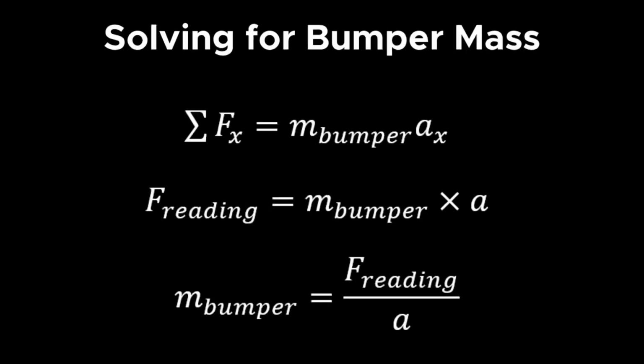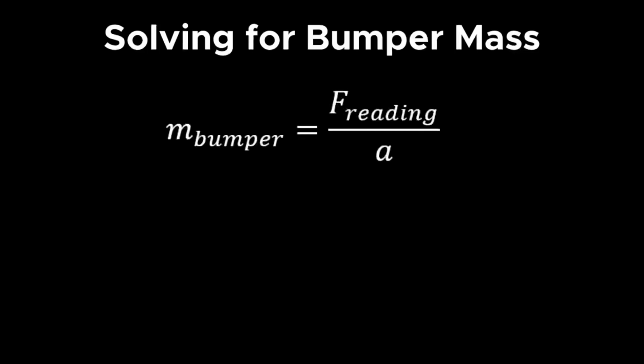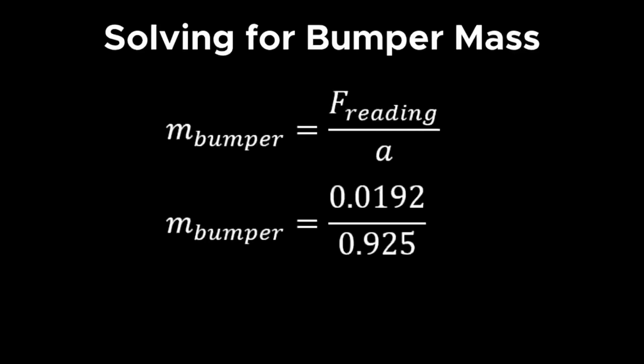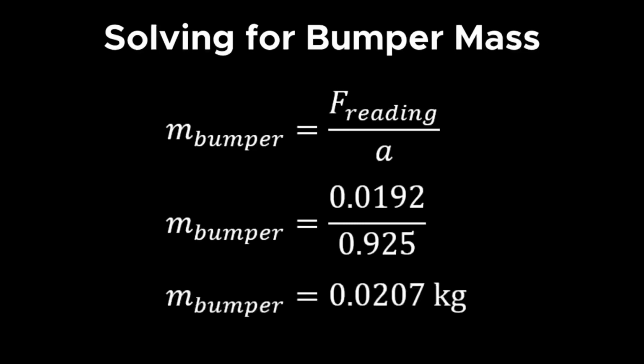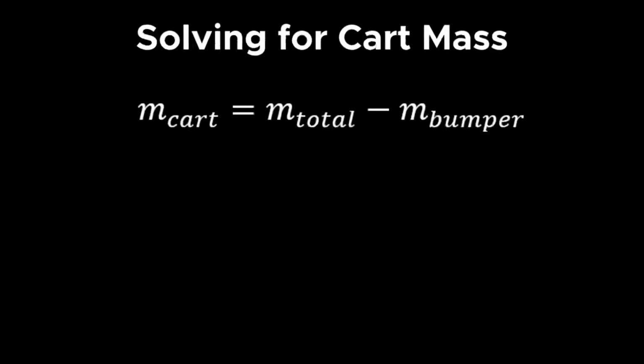As the bumper is attached to the cart, they will have the same acceleration of 0.925 meters per second squared. Solving for mass of bumper gives us a mass of 0.0207 kilograms, or 20.7 grams.